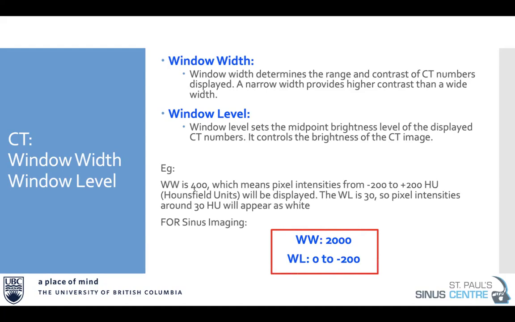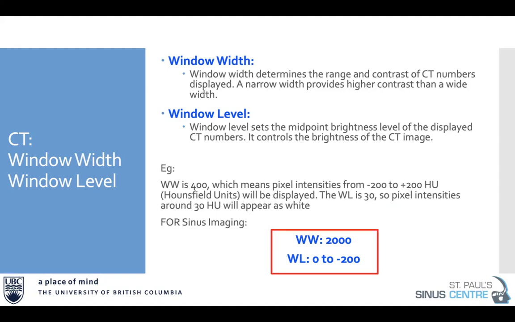When you, for example, have a window width of 400, it means that the pixel intensities are from minus 200 to plus 200 Hounsfield units. And if the window level is 30, it tells you that the pixel intensities around the 30 Hounsfield units will appear as white. So you don't need to remember all these details. All you need to remember is that for sinus imaging, your window width should be at 2000 and your window level should be between 0 and minus 200. And I find 0 is a good number to remember.